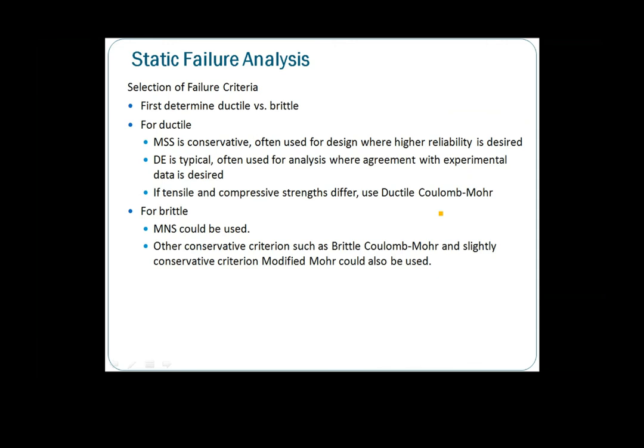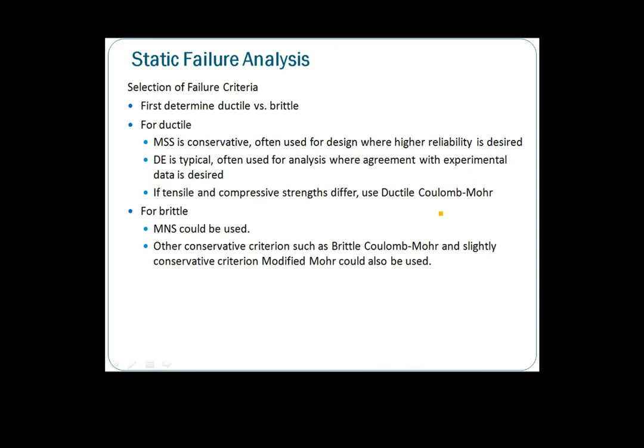DE is the typical one, quite common, used for analysis. That's why we are always finding the equivalent stress, or what we call the von Mises stress, because later on we want to use the DE theory to evaluate failures. DE is typical for analysis because it shows a very good agreement with the experimental data, with the actual failures.